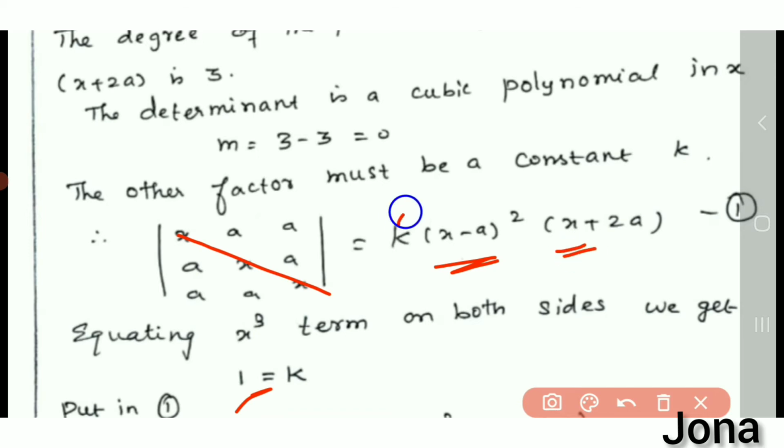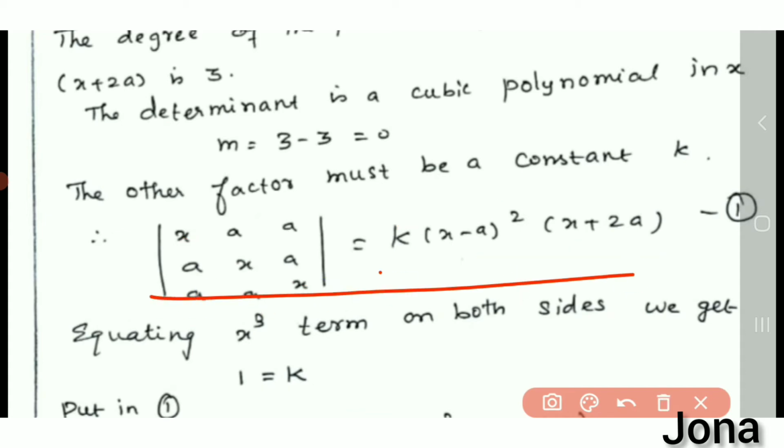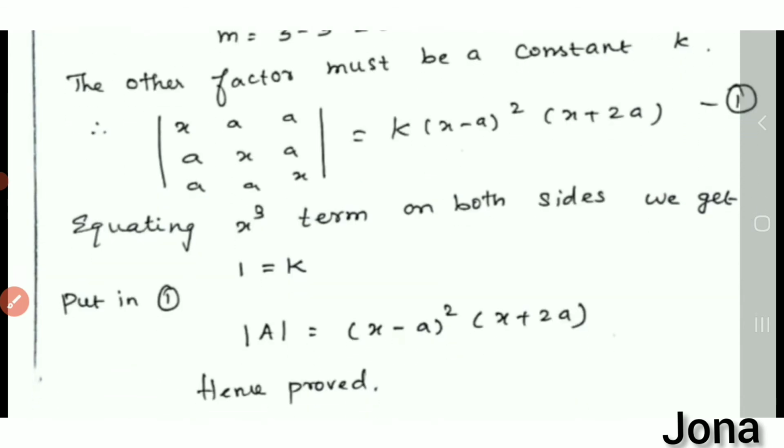So k into x cube will be there. So here we can write k equal to 1. So instead of this k, we substitute 1. Therefore, we get the value of the determinant delta equal to (x minus a) the whole square into (x plus 2a).